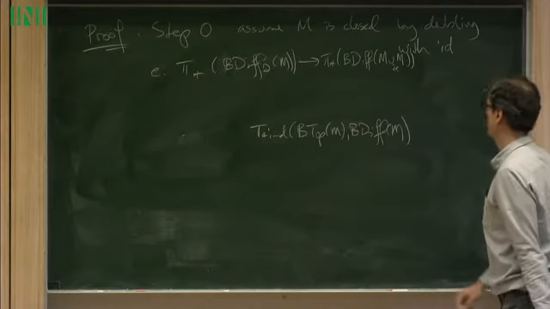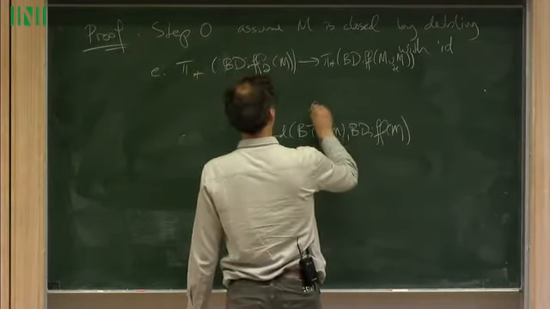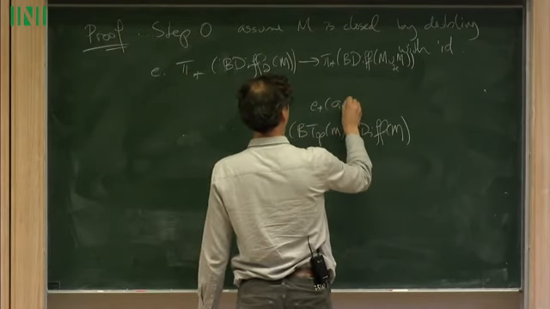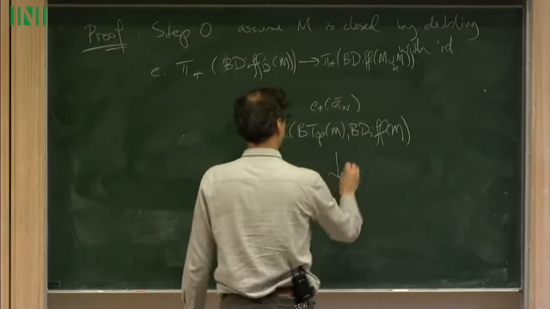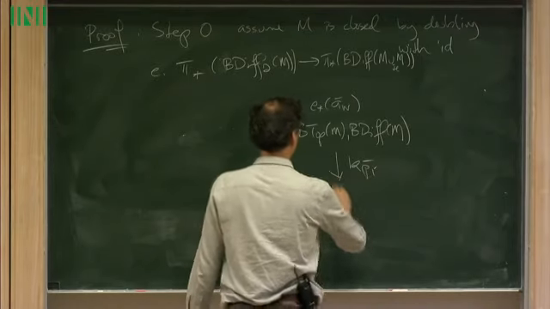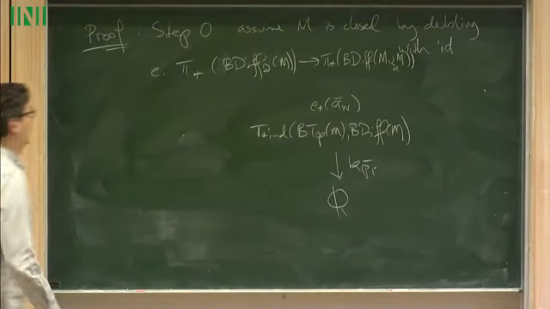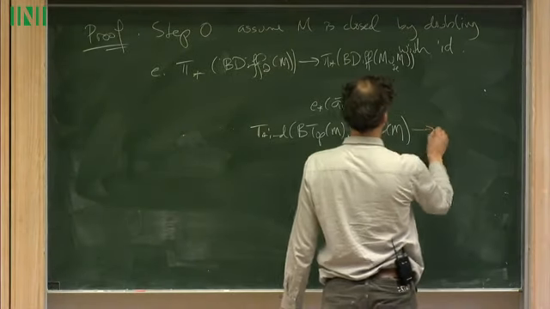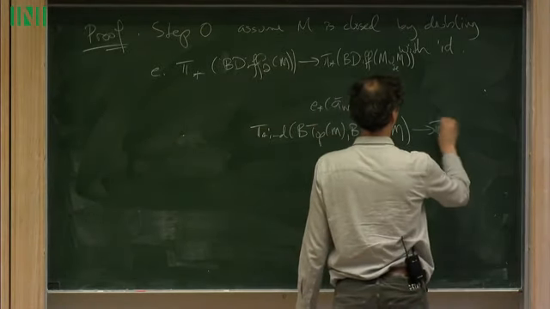Okay, it's non-zero here, right? So here's E star of AW, right? And it's detected by this relative kappa class, right? So that's a map to Q. And I want to know that its image is zero down here, right?